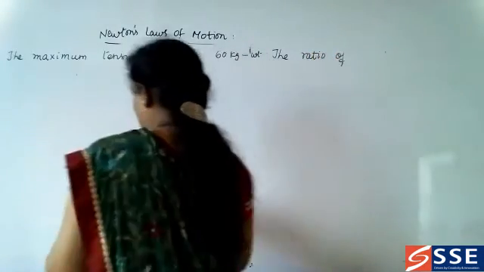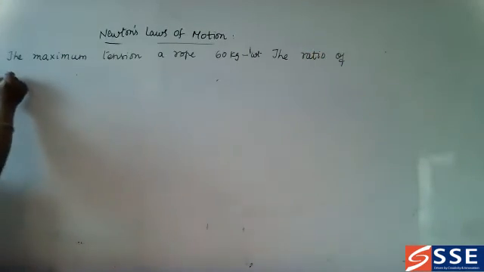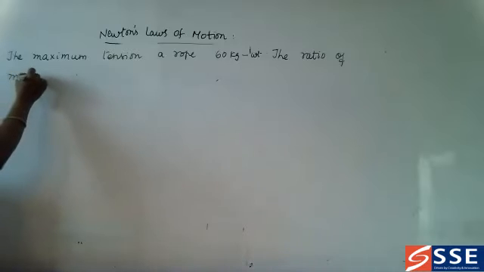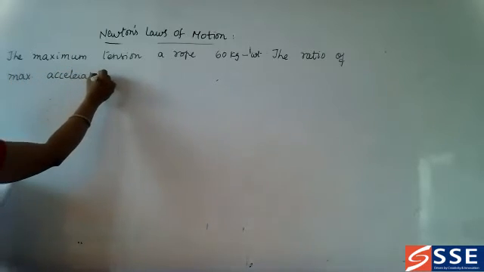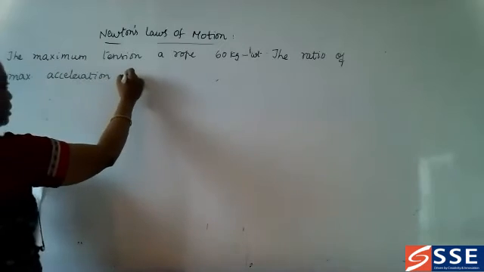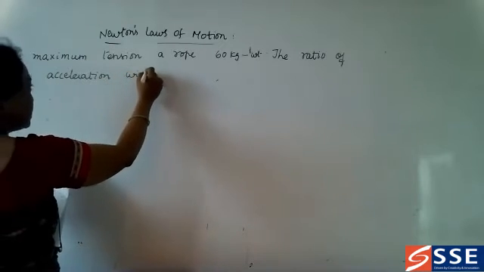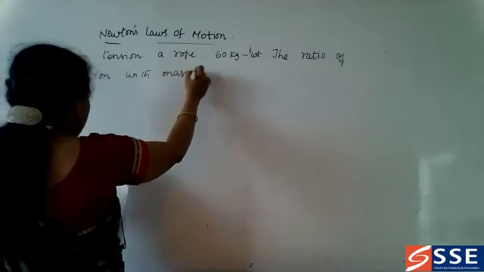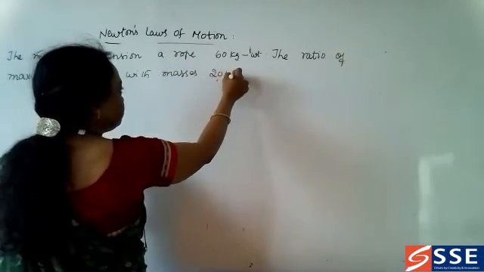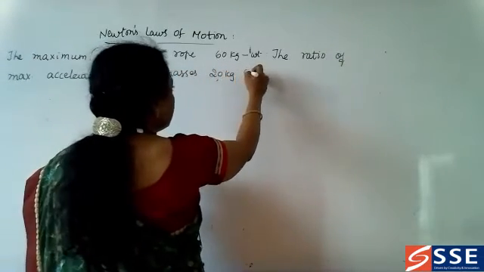So the ratio of maximum accelerations with masses has been given as 20 kg and 30 kg.